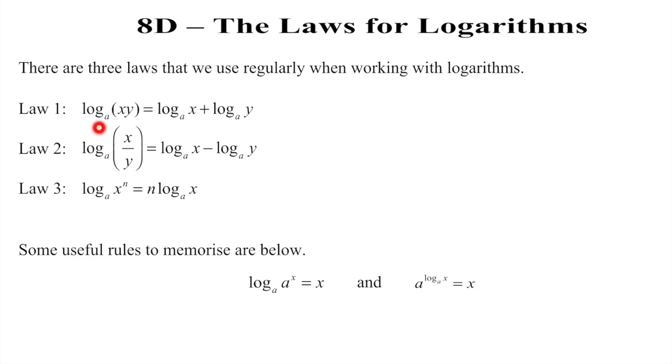Law 1. If you have the log to some base a of 2 things that are being multiplied together, you can write it as a log to the base a of each part and add them.